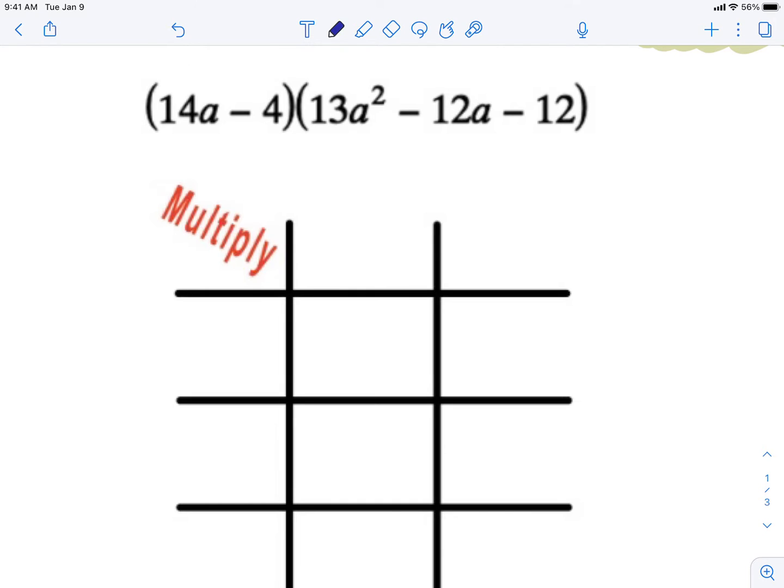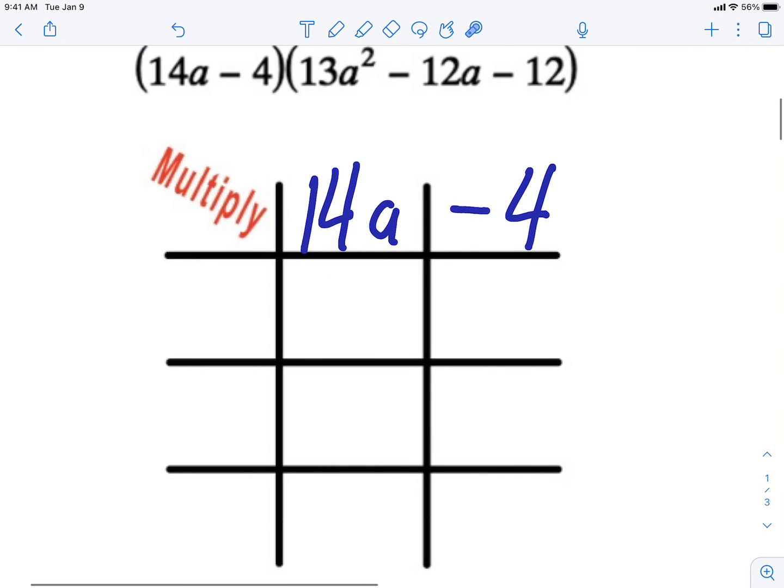The second term is negative 4, so negative 4 will go right there. When you're drawing your lines and you don't know how many lines you're going to draw, two terms means one line, two lines down.